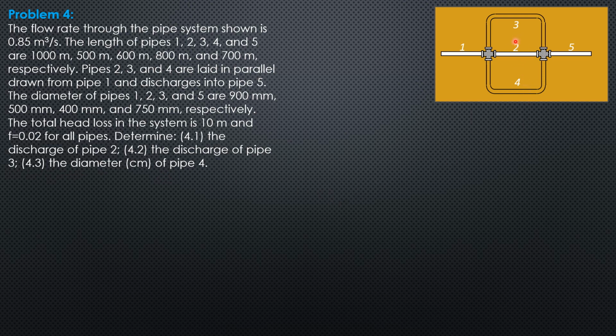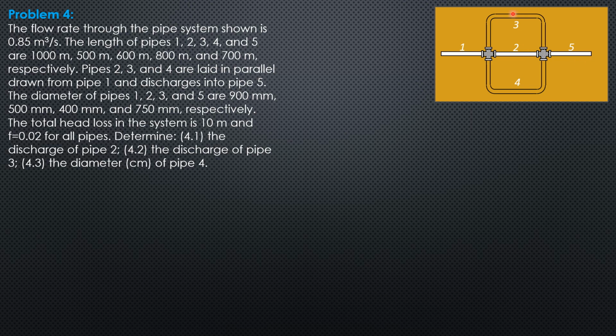So we are asked to compute the discharge in pipe 2, the discharge in pipe 3, and the diameter of pipe 4. Since the total head loss is given as 10, it is equal to HF1 plus HF2 plus HF5.